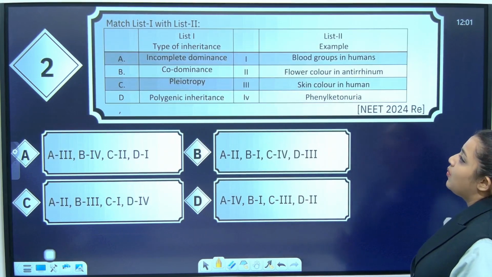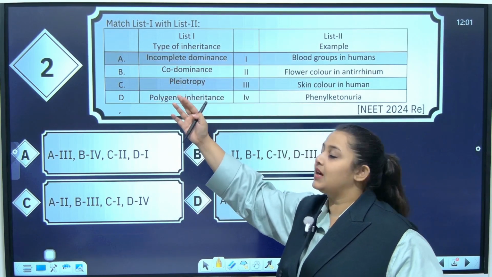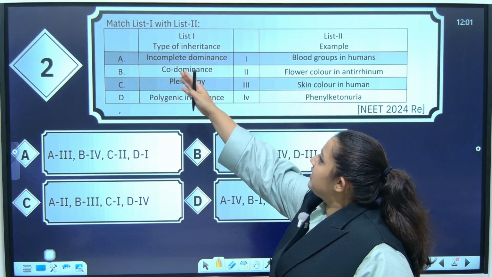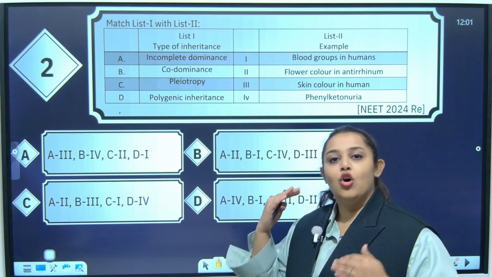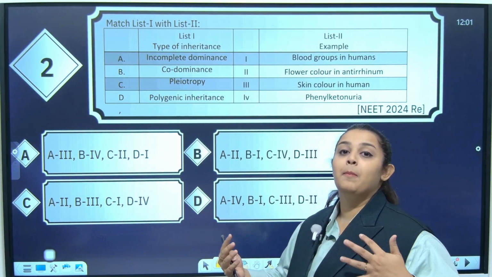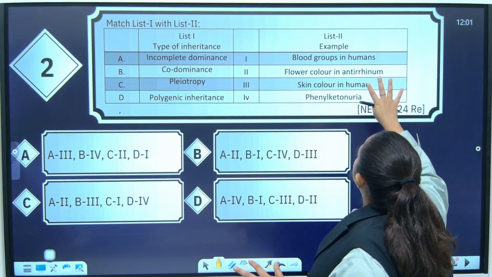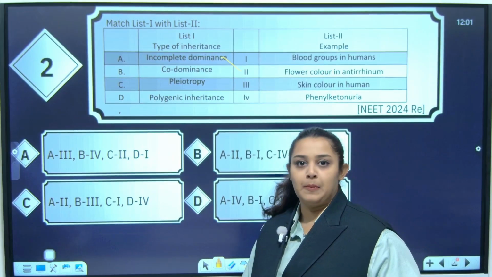Let's go to the second one. Here in list 1, we have the types of inheritance and list 2 has examples. Incomplete dominance means the dominant character isn't completely overpowering the recessive one. That is seen in the flower color of Antirrhinum.